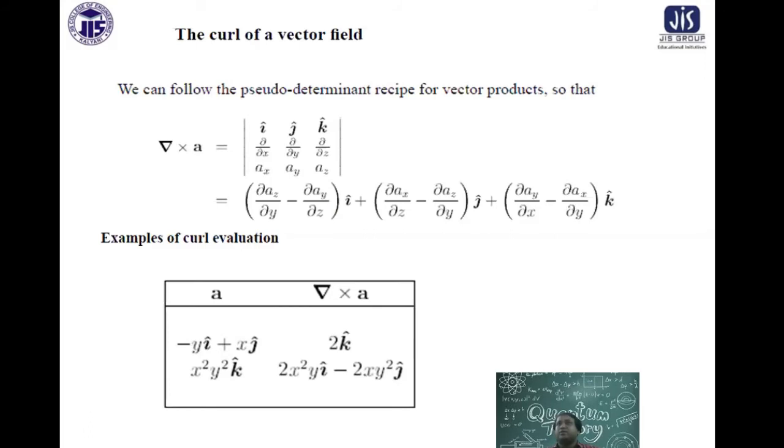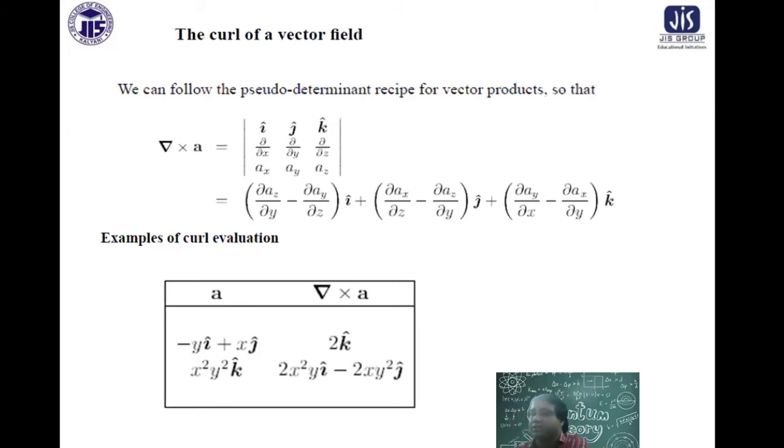If you look at the expression of a here, a x is minus y, a y is x, and a z is 0.